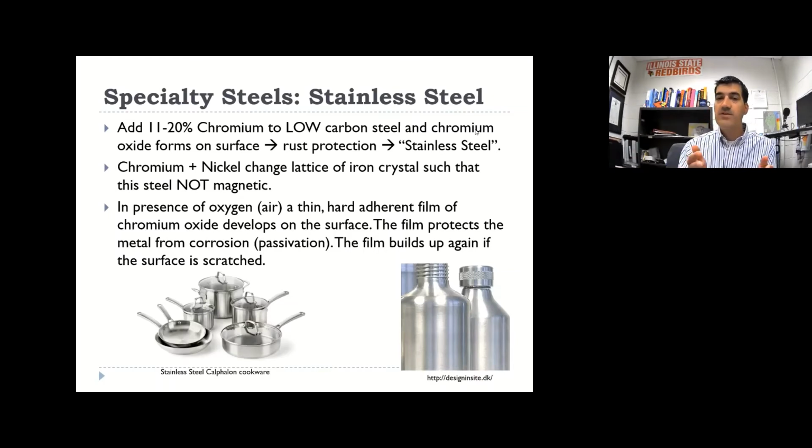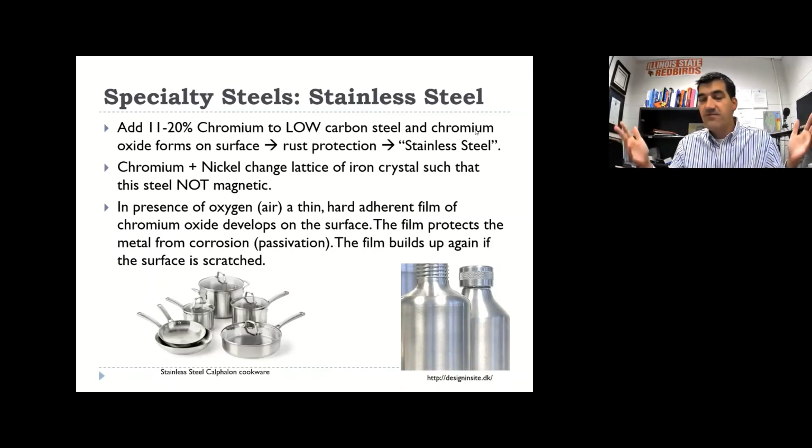And the problem with rust is that rust tends to flake away. It peels away, which exposes new iron to oxidation, which forms a new layer of iron oxide, rust, and then that peels away. And you keep on peeling these layers back, and eventually you're left with nothing.